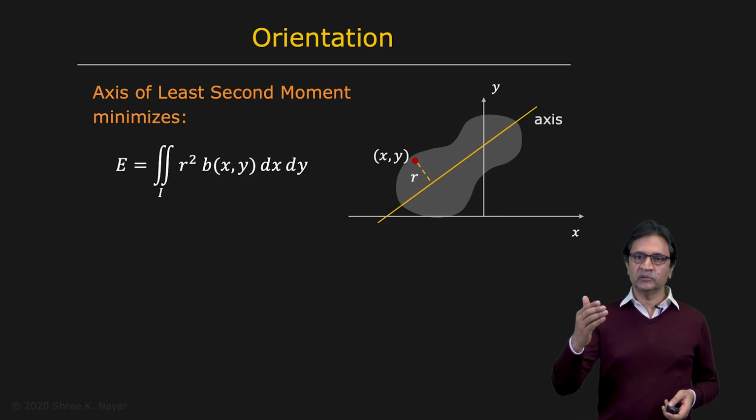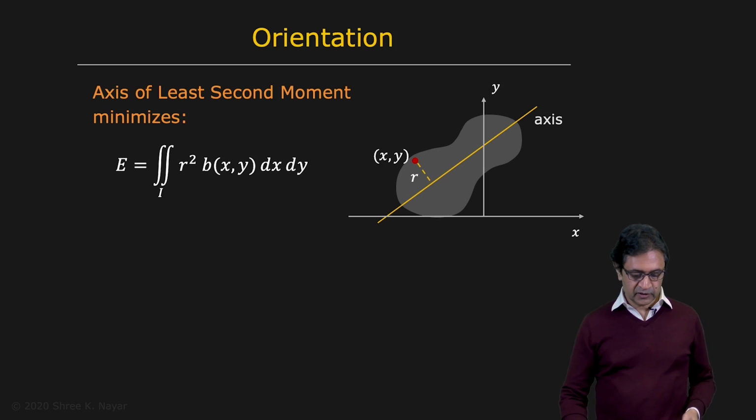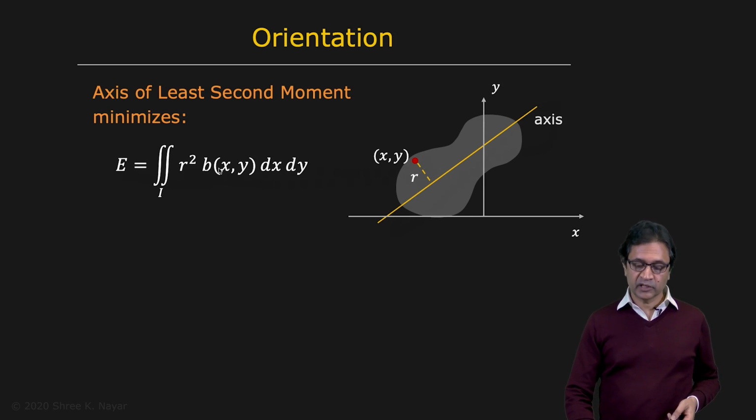We're going to set up the problem and then show how it can be determined. The second moment itself, which we're going to define as E, is the distance of each point on the object from some chosen axis, that's r, squared, integrated over the entire image. That is the definition of the second moment.